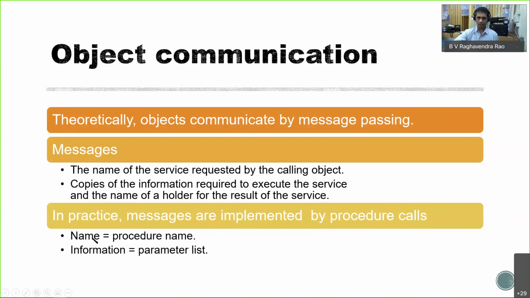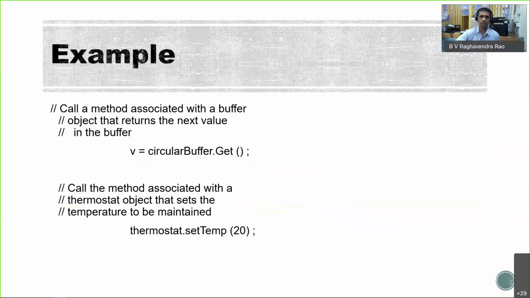This just tells how it is done practically and how it is thought out abstractly. Abstractly, you imagine objects as communicating. In practice, it is through function calls or procedure calls. So this is an example: you want to call a method associated with the buffer object that returns the next value of the buffer.